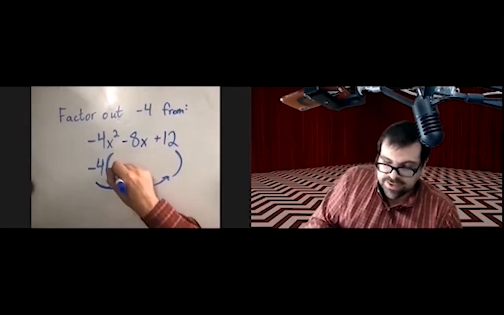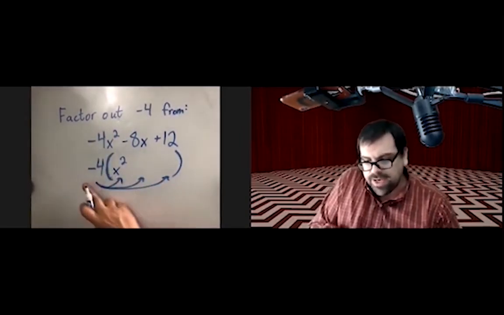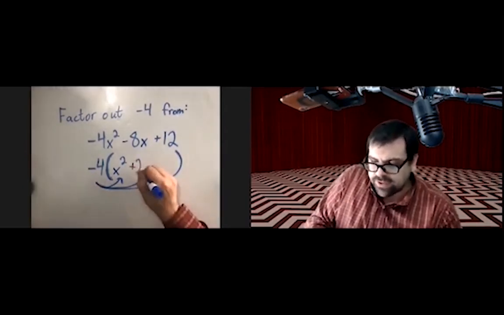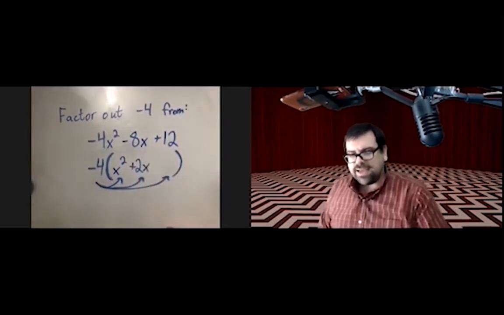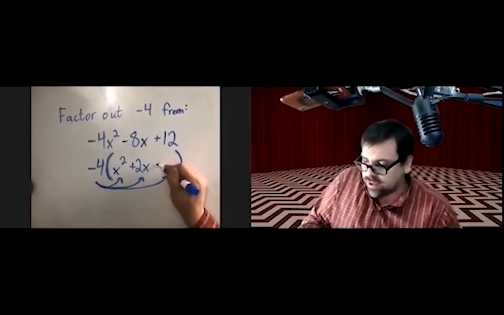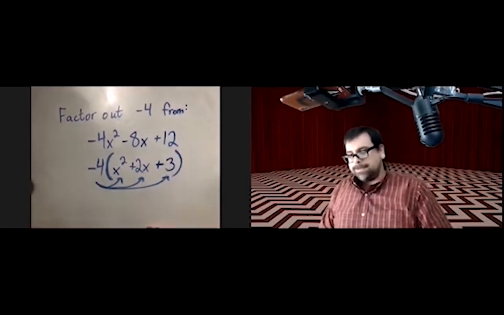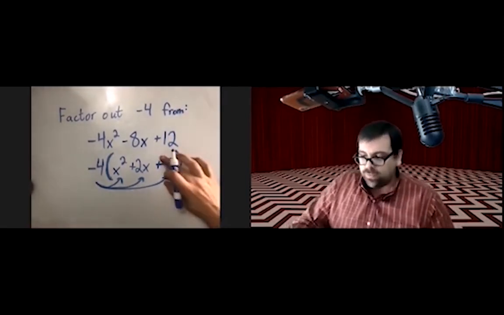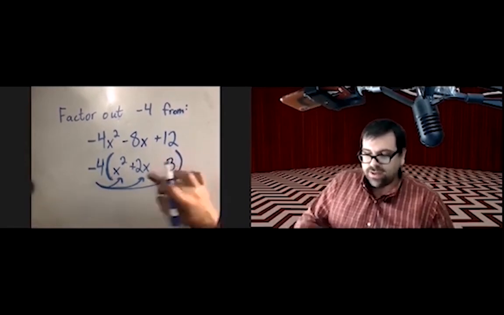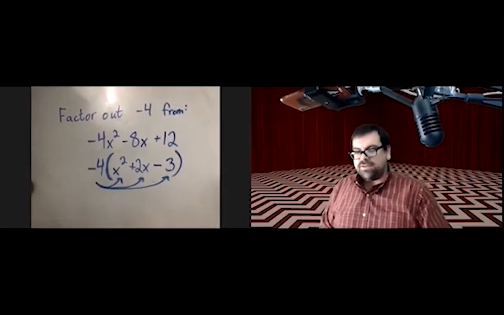-4 times x squared is -4x squared. -4 times positive 2x is -8x. And -4 times positive 3. No, not positive 3. Negative times negative is positive.